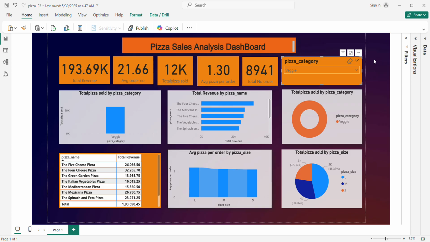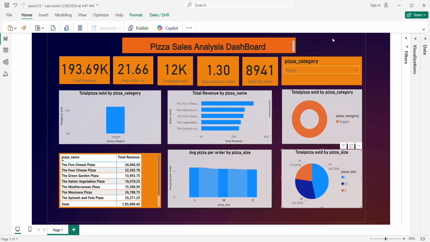This is all the analysis of these categories. The maximum percentage of size is large, which is sold the most in that category, and then medium and then small.